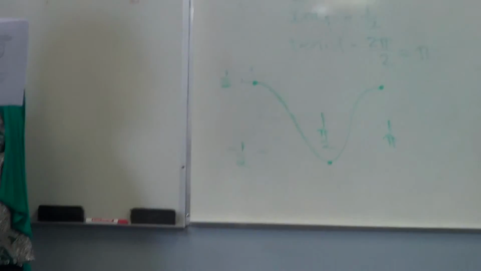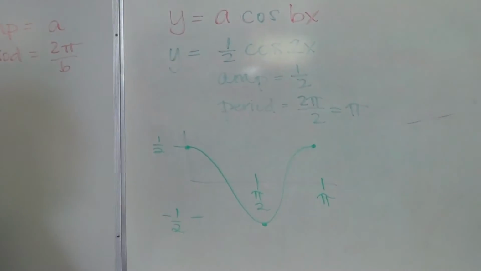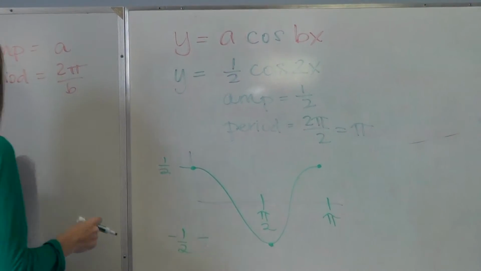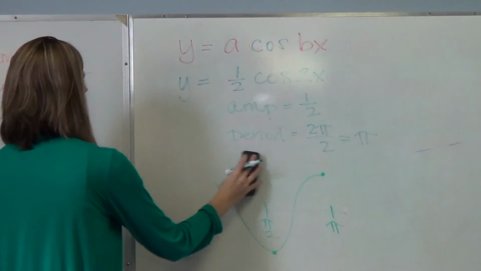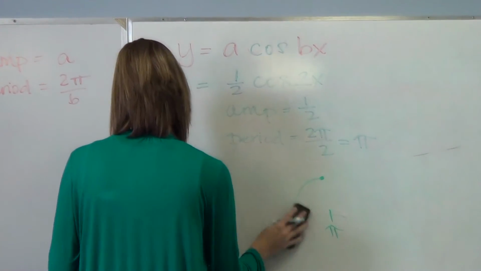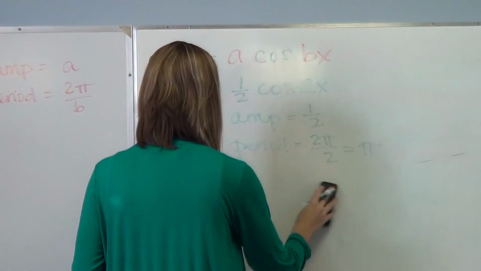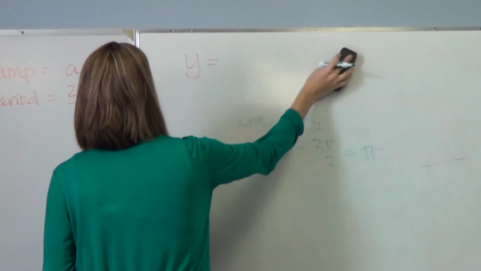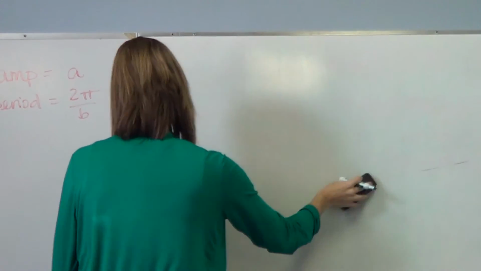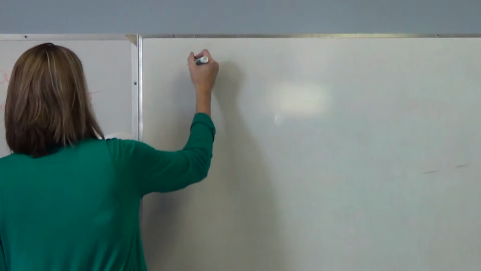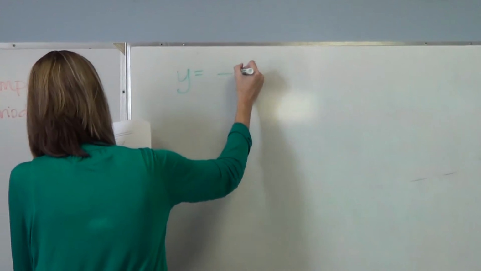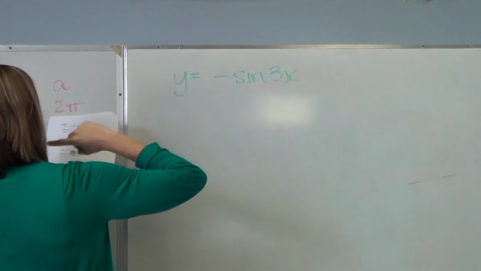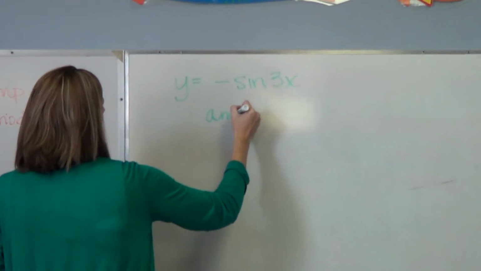And if you have a negative, that is what you do in example C, which is back to sine. So the amplitude is what?